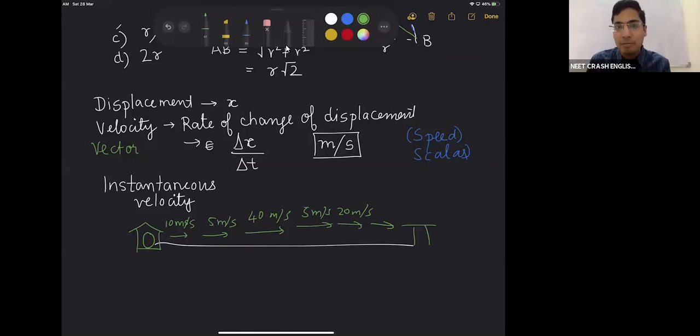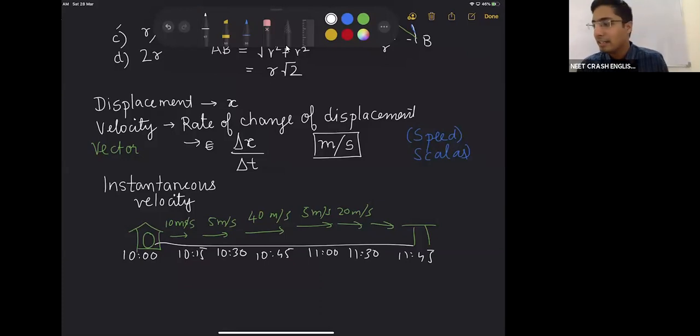Now, if someone asks me at 10:45, what was your speed? Let's say I started at 10. This was my speed at 10:15. This was my speed at 10:30. This was my speed at 10:45. This was my speed at 11. This was my speed at 11:30. This was my speed at 11:45. If someone asks me what is my speed at 10:45, and gives me an exact time, then I know that 40 is that speed. So that speed at a particular time is called speed.